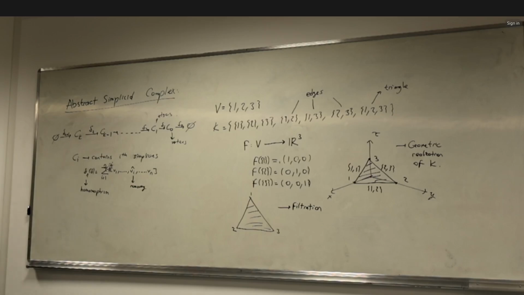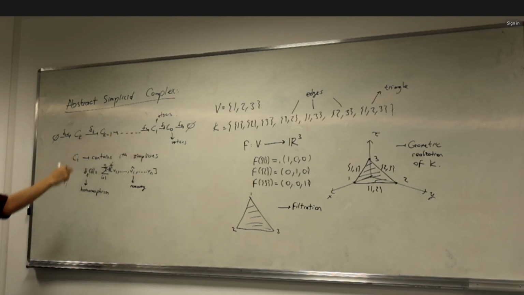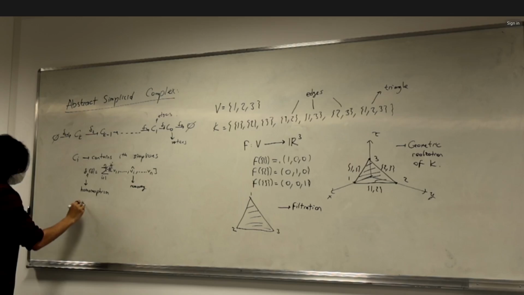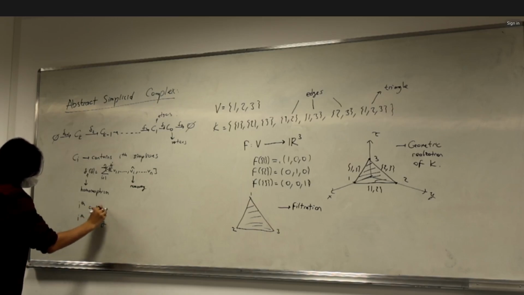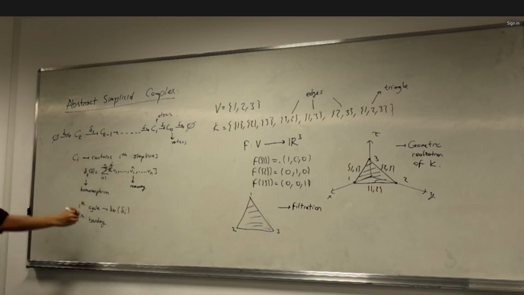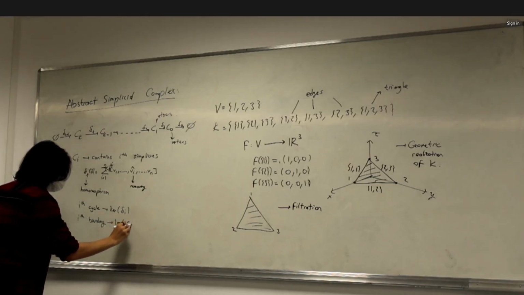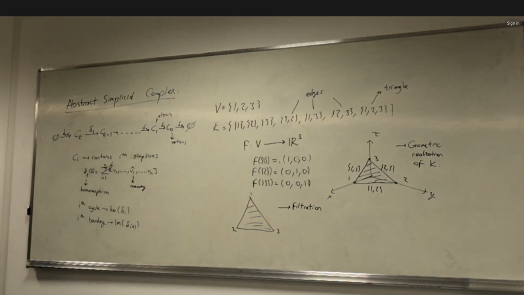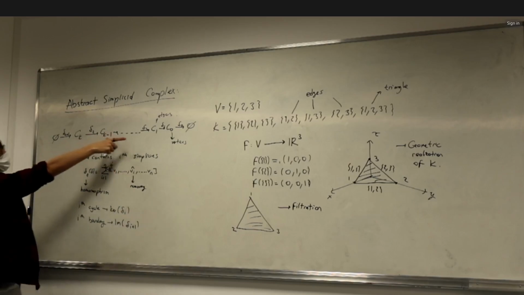But then by these maps we can define the ith cycle and ith boundary. The ith cycle is the kernel of phi i, and the ith boundary is the image of phi i plus 1. So you can see that the kernel always contains this by looking at here.